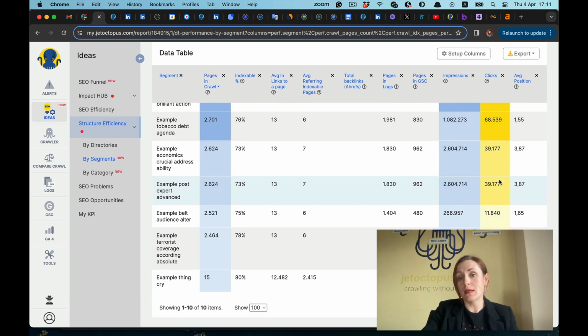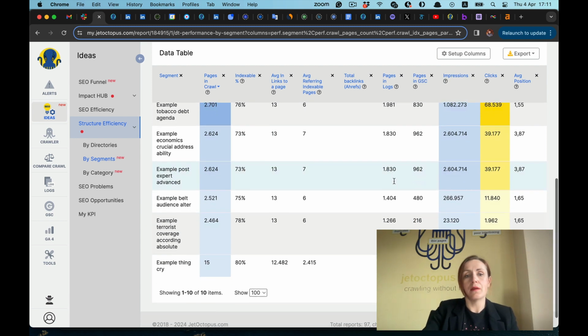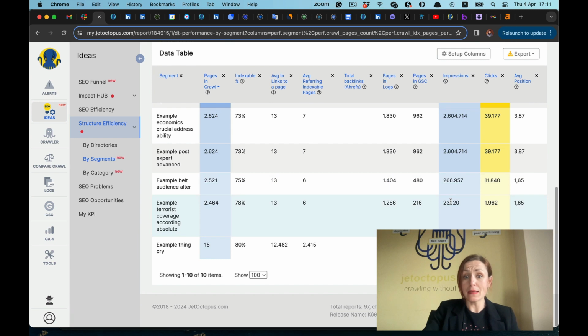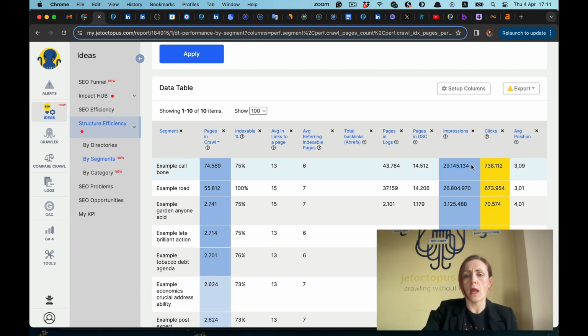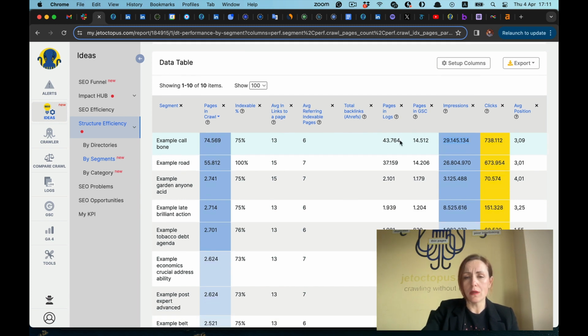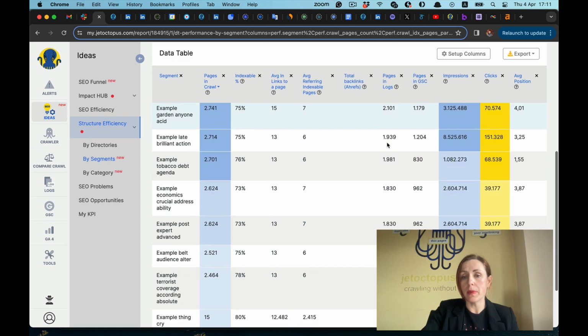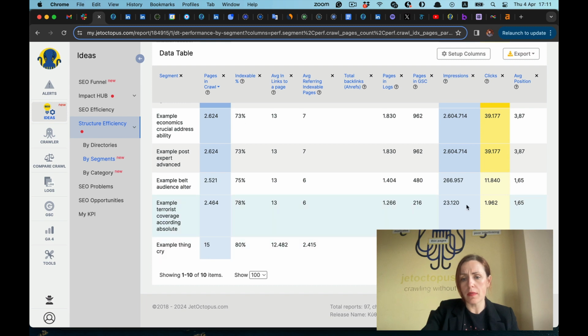Then visualize the segments which are less effective and the least effective. And again, compare: if, for example, this segment is very effective in terms of impressions and clicks, what is going on in terms of site visibility for Googlebot here, and compare that, for example, with the less effective segments and what the bot's behavior is here, and you will start understanding the correlation and what exactly has to be done.